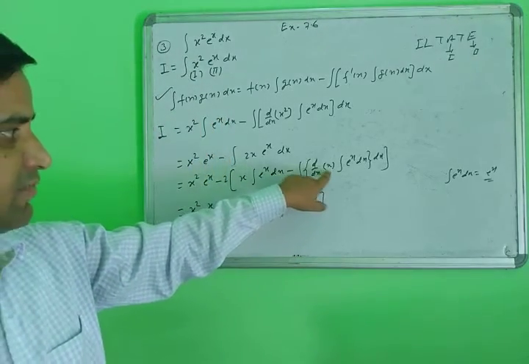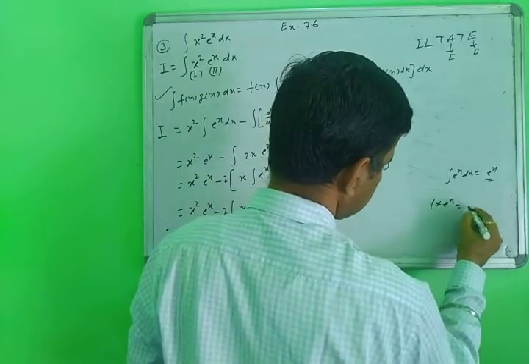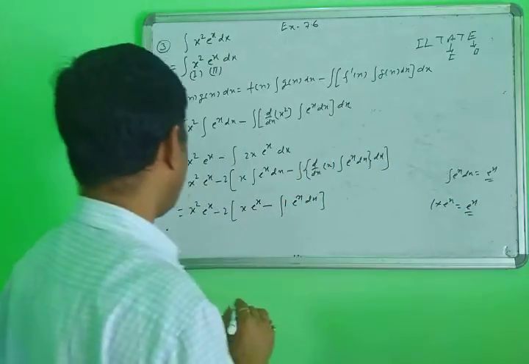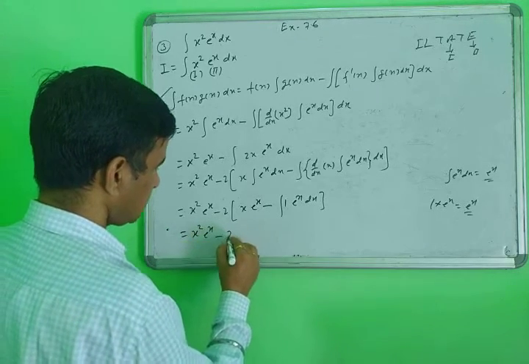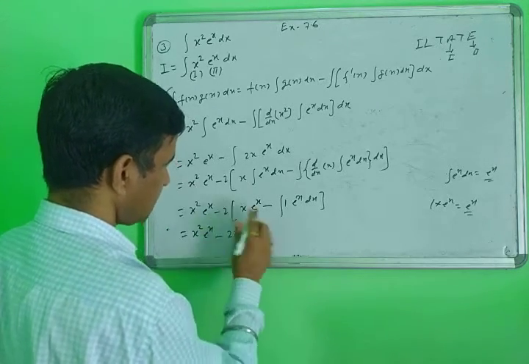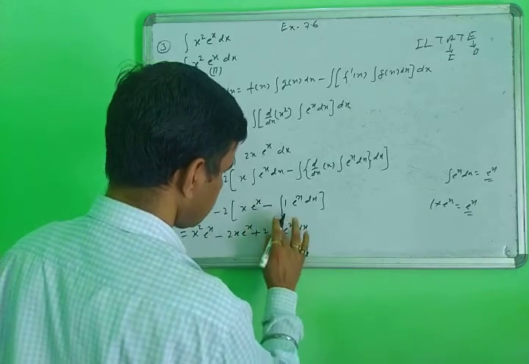The differentiation of x is 1, and 1 times e exponent x equals e exponent x. According to this rule, x square e exponent x minus 2x e exponent x, minus minus here becomes plus 2, integration of e exponent x dx.